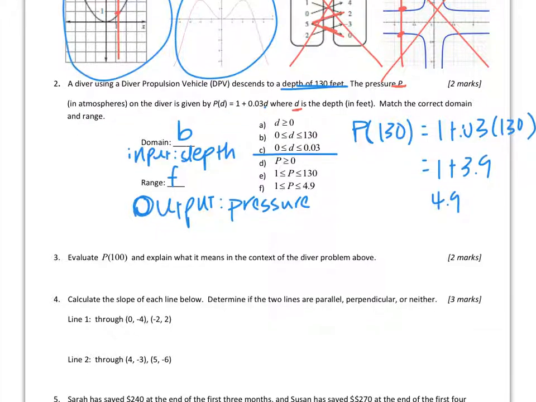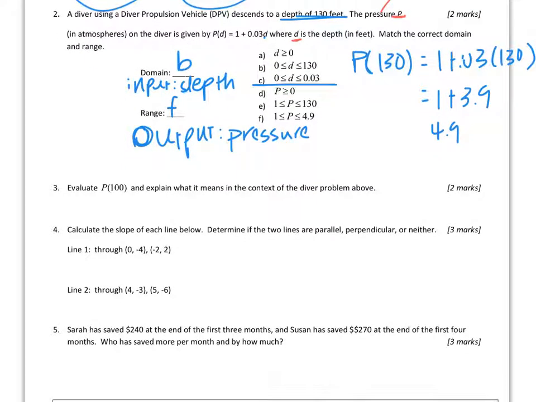Evaluate P(100) and explain what that means in the context of the problem above. So that's actually a lot like what I just did over on the side. 1 plus 0.03 times 100. 1 plus 3 equals 4. Explain what that means in the context of the problem.